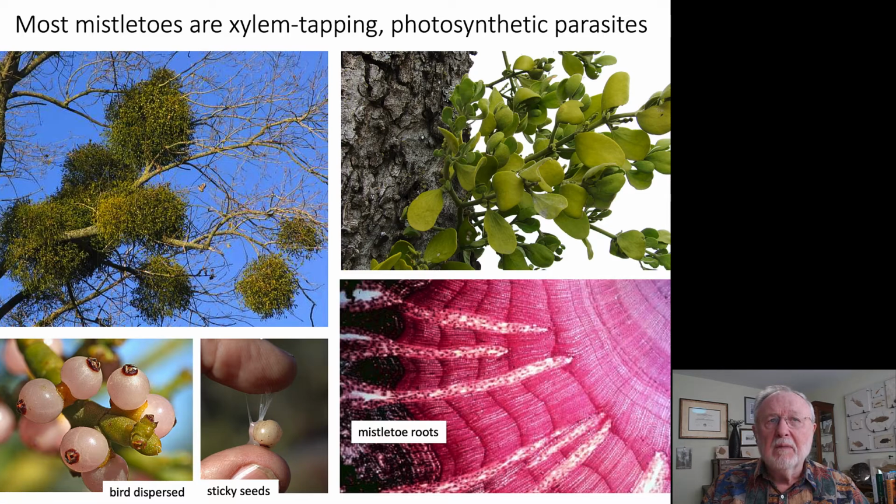Now, mistletoes are xylem-tapping parasites. They put out a root, but they're not aggressive. That is, this root started growing at the beginning of this growing season here. So remember that tree rings describe a growing season: early in the season, mid-season, and late season.